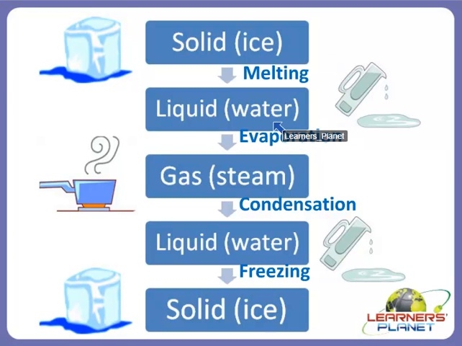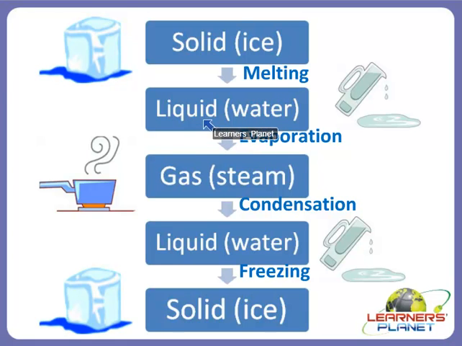Ice converts into water by the process called melting. So children, solid is a state and ice is the example of solid state. When solid converts into liquid state, it converts by the process known as melting.